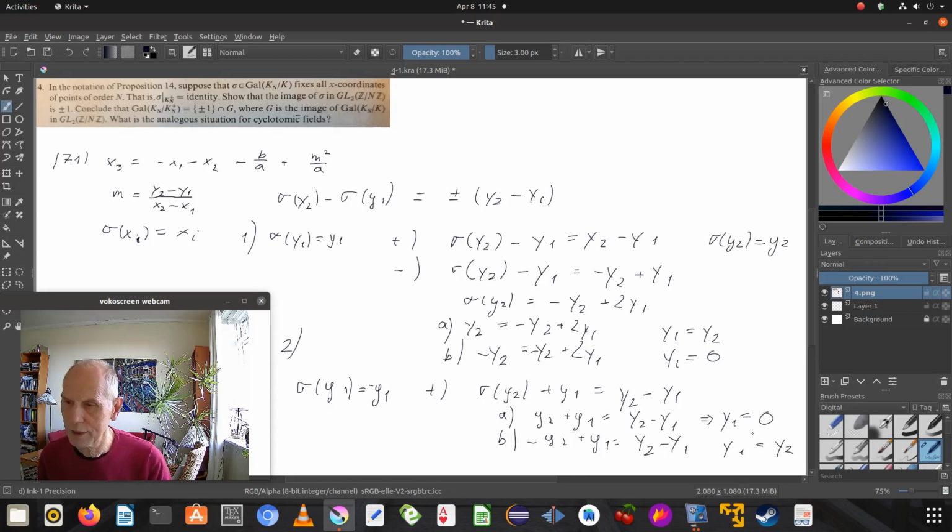So of course they transform the same way. And if it's minus, then minus y2 plus y1 equals y2 minus y1.